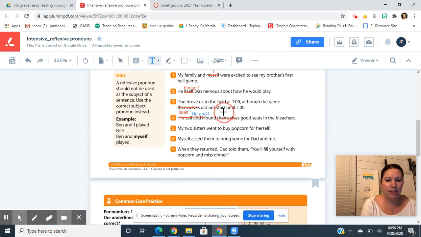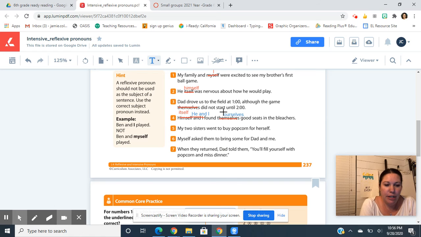Let me put it up just a little bit higher. There we go. Ourselves. And because there's more than one person, it's he and I, we definitely want that to be the plural form. Okay, so now let's read it and see if it sounds better. He and I found ourselves good seats in the bleachers. Yeah, sounds a lot better.